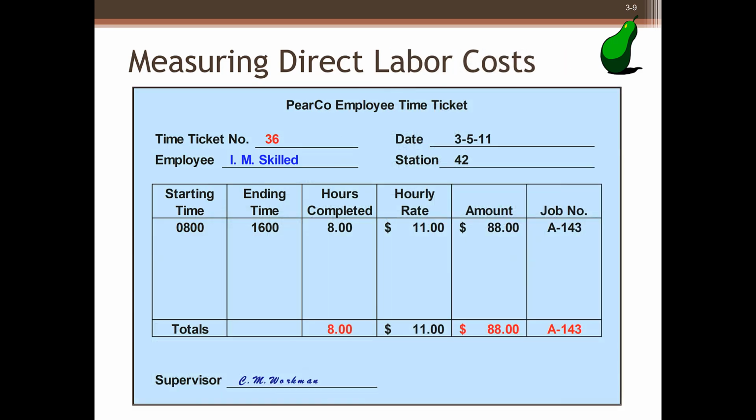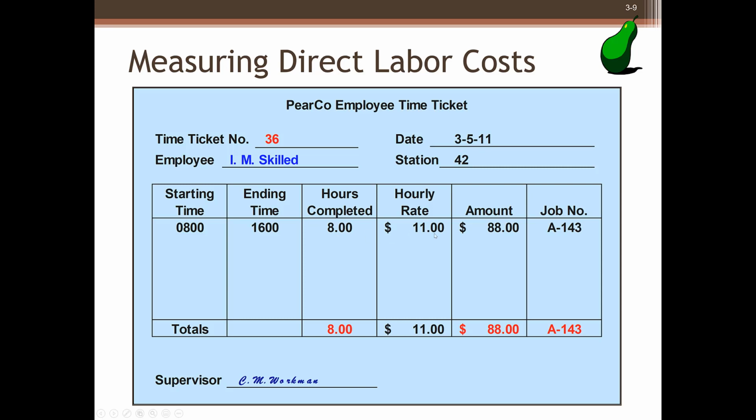Next, we will measure direct labor costs. For direct labor costs, we use a time ticket to record the amount of time workers spend on each job. This is an example of a Paraco employee time ticket. We have time ticket number 36, employee name, starting time, ending time, and hours completed for this job.